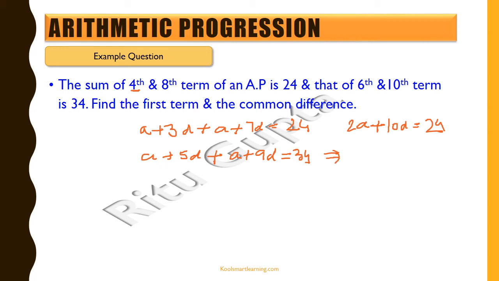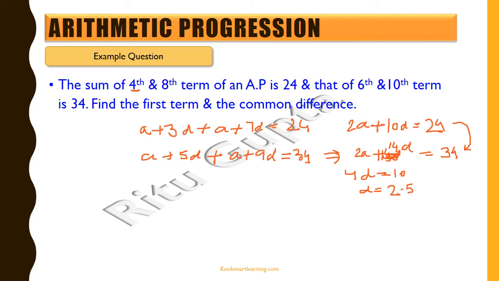So this implies that 2A plus 14D is equal to 34. Now we subtract the first one from the second and we get 4D is equal to 10, which would mean D is equal to 2.5.